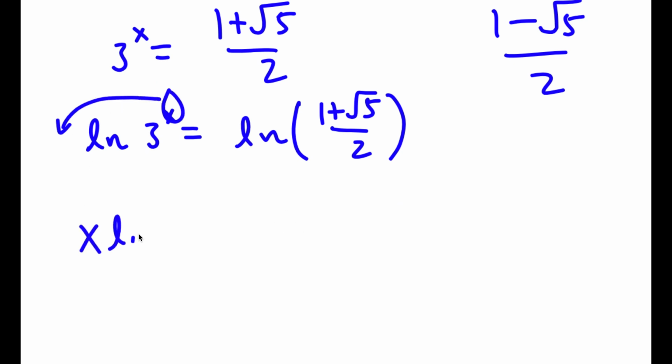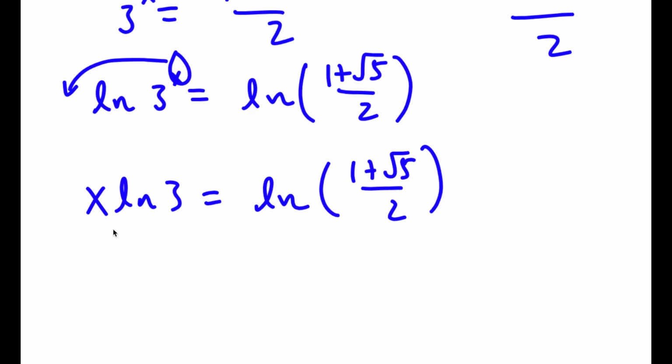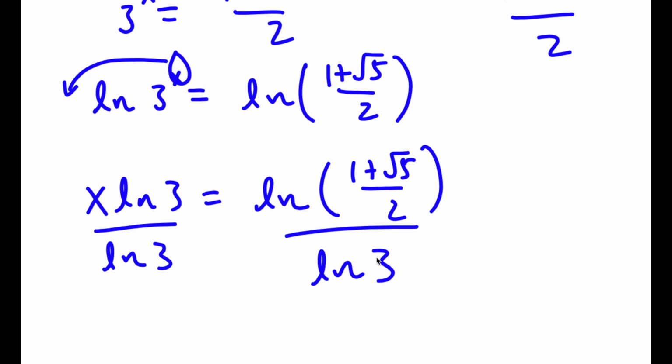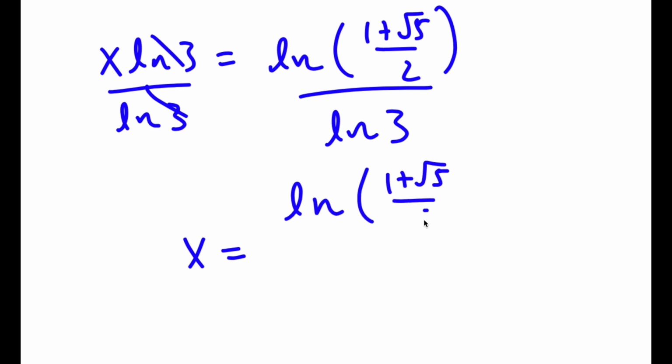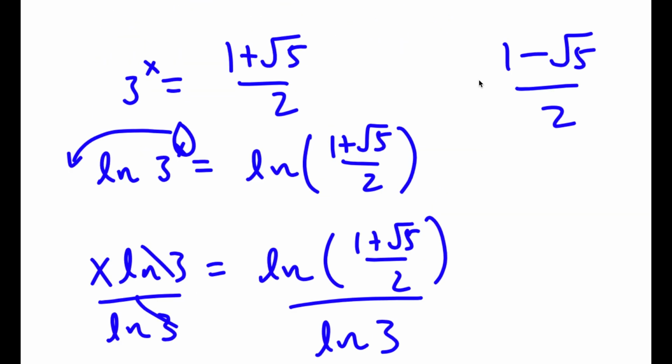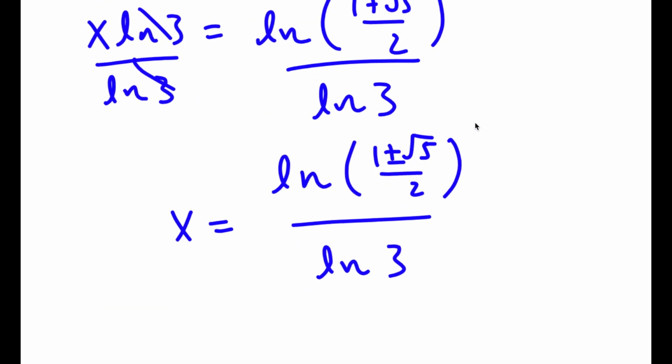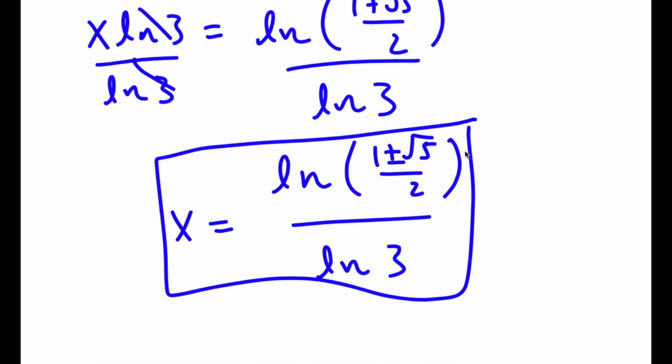So now I have x times ln 3 is equal to ln of 1 plus the square root of 5 over 2. Now if I divide both sides by ln 3, these two cancel out, and I'll be left with x is equal to ln of 1 plus the square root of 5 over 2, all over ln 3. And this is actually plus or minus, because the same goes for 1 minus the square root of 5 over 2. So these are my two solutions.